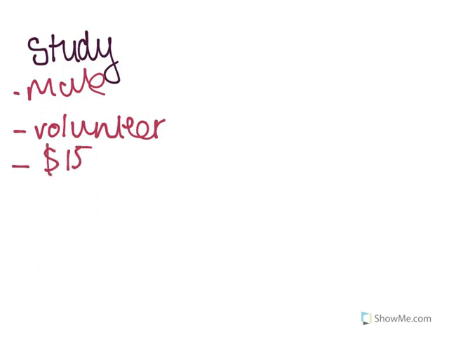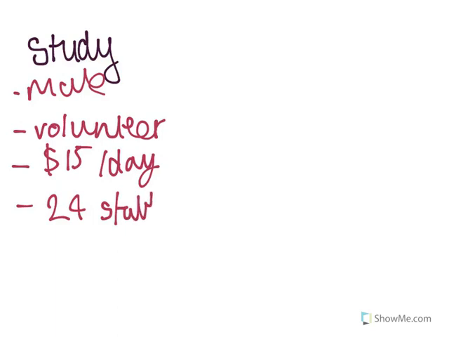So a little bit about his study. They were all male. They were volunteer samples. They were paid $15 per day. In total, there were 24 of the most stable volunteers chosen.